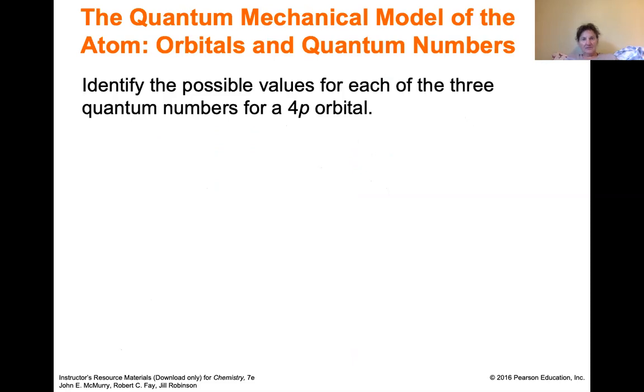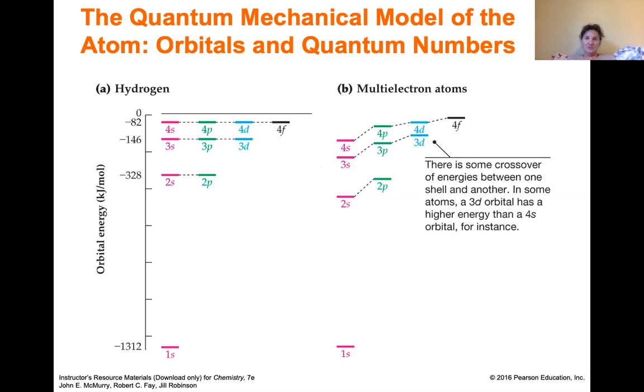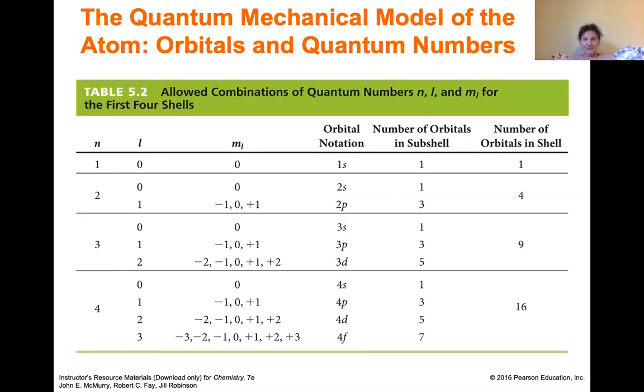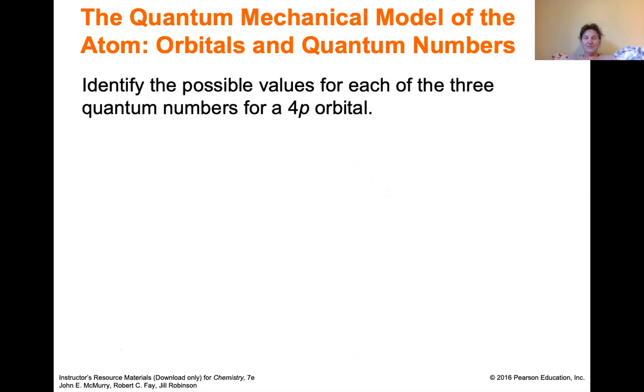So identify the possible values for each of the 3 quantum numbers for a 4p orbital. So I said that the number out front tells you the n. So n has to be 4 for each of them. And a p orbital right here tells you L has to be 1. And so if L is 1 for a p orbital, that means each of the 3 that you're going to look at has to be a 4, 1.